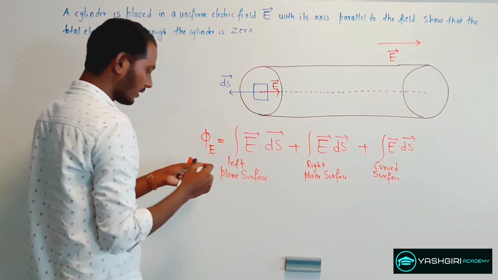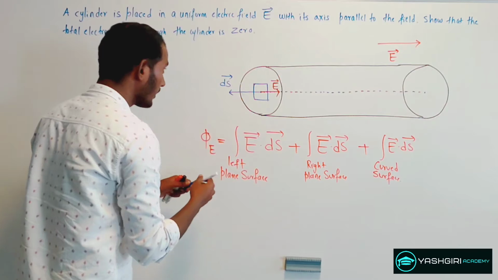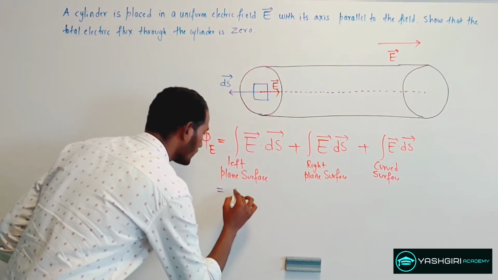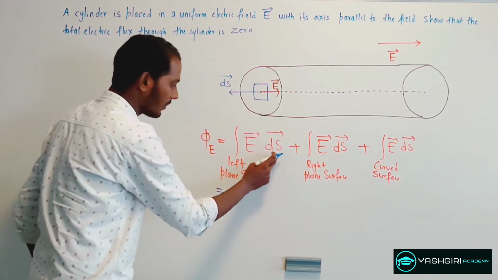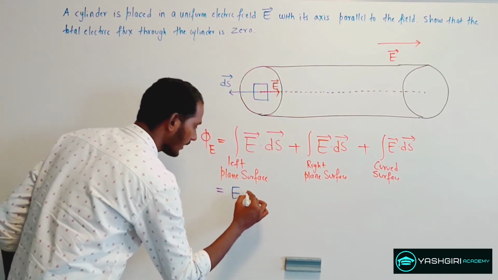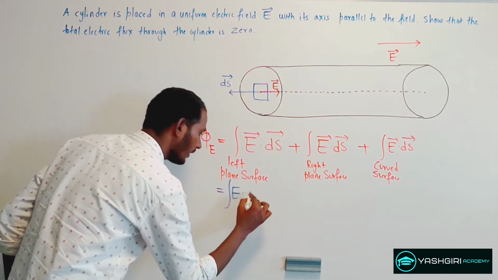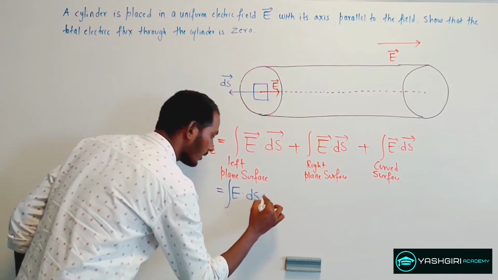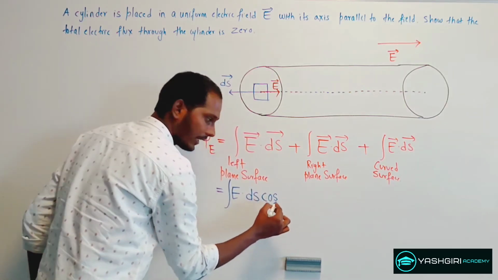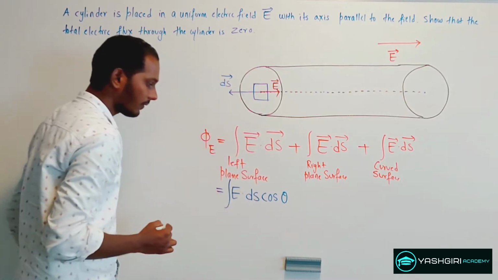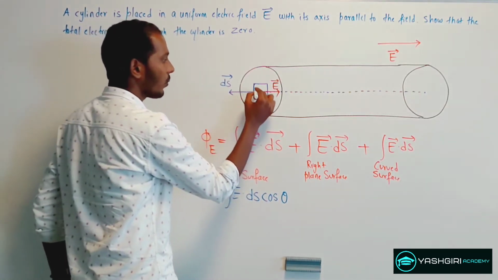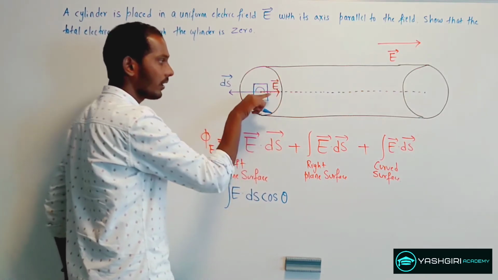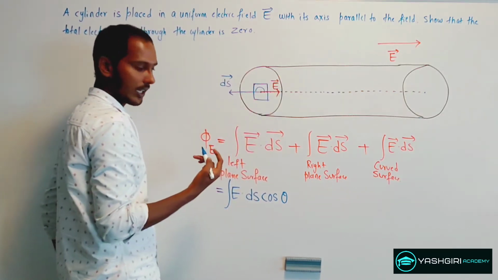And the same expression I can write as the integral of E ds cos theta, and this theta, if you see, is 180 degrees, exactly anti-parallel to each other.